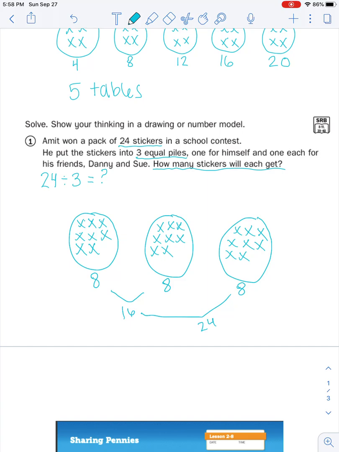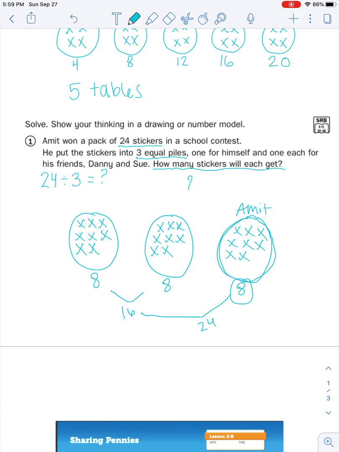Now I have to look back into my story problem and make sure that I understand what the question is asking me. It says, how many stickers will each get? So they're asking if you were to say, how many did Amit get? You would tell me how many are in one of these piles because we'll say that this is Amit's pile, okay?